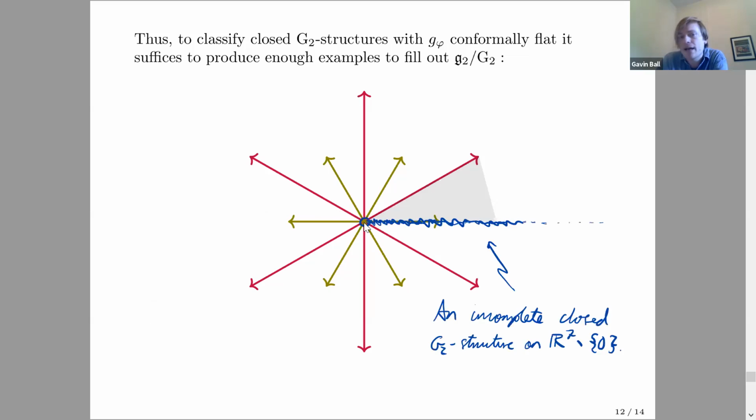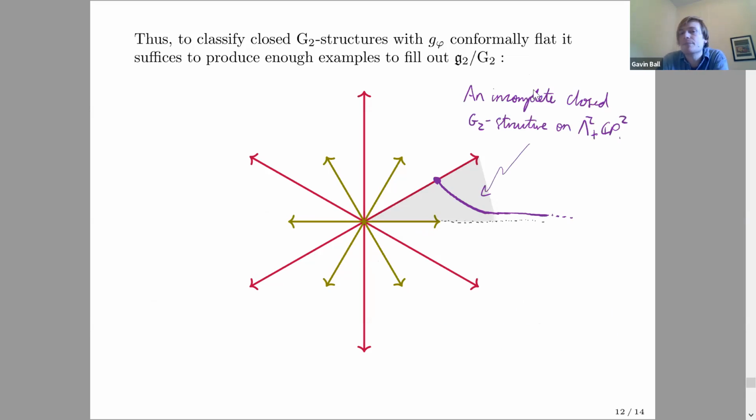And it's possible to find then another, an incomplete closed G2 structure on R7 less the origin that fills out this line, this blue line extending out to infinity. And then it's possible to find an incomplete closed G2 structure on lambda 2 plus of CP2, where the image of the torsion function looks like this.